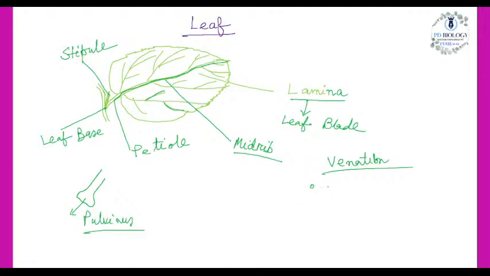Number one, the reticulate venation. Which group has this? This is common. Can you give an example? Reticulate is the prime characteristic of dicots. And the second one is parallel.